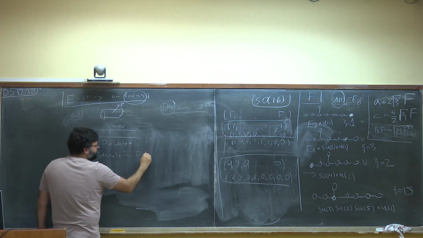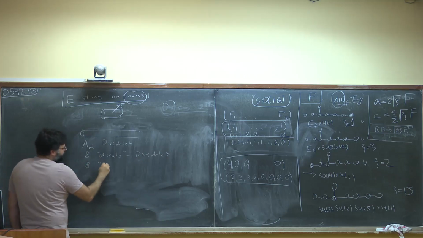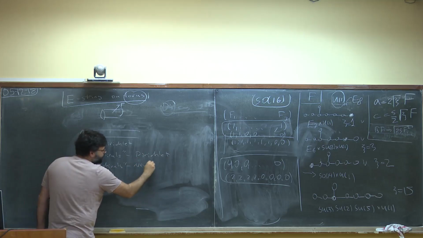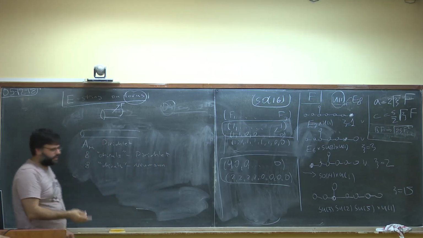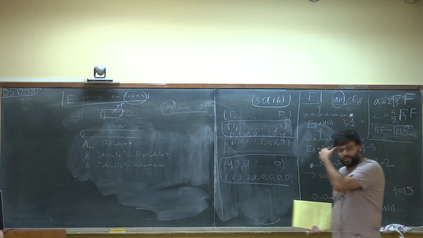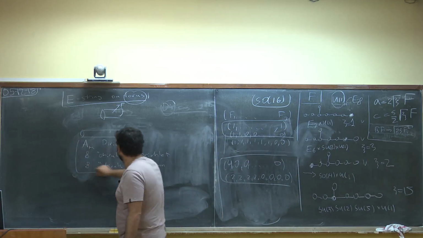To 8 of them we give the Dirichlet boundary conditions, and to the other 8 chirals we give Neumann boundary conditions. The claim is that these boundary conditions preserve half of the supersymmetry, and half of the supersymmetry here is 4 supercharges. Okay? So these are the boundary conditions that we give.